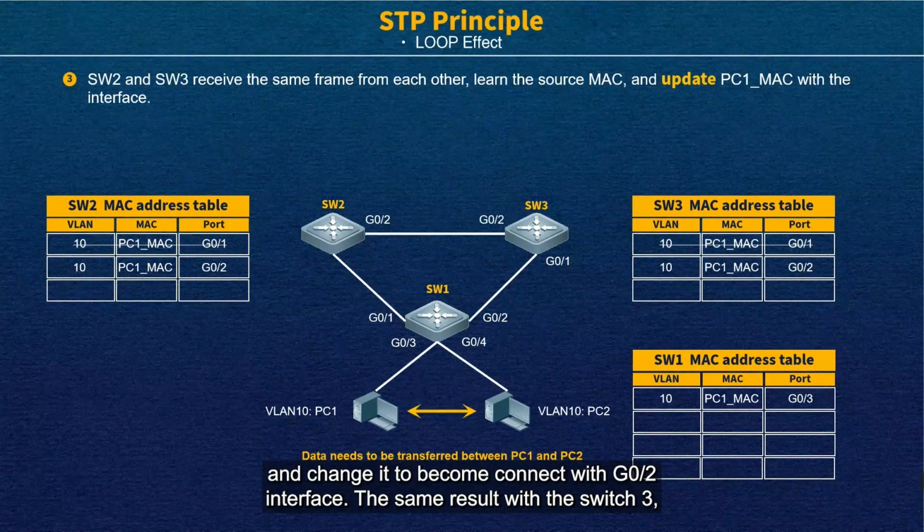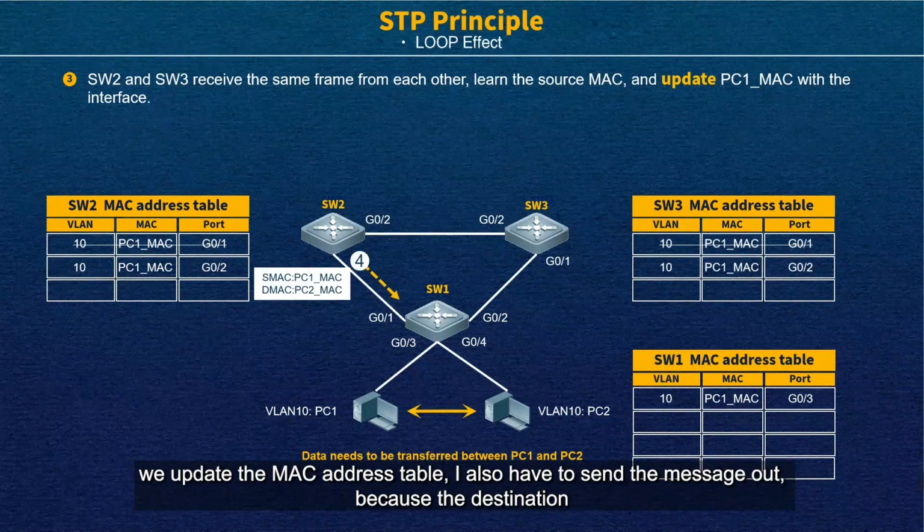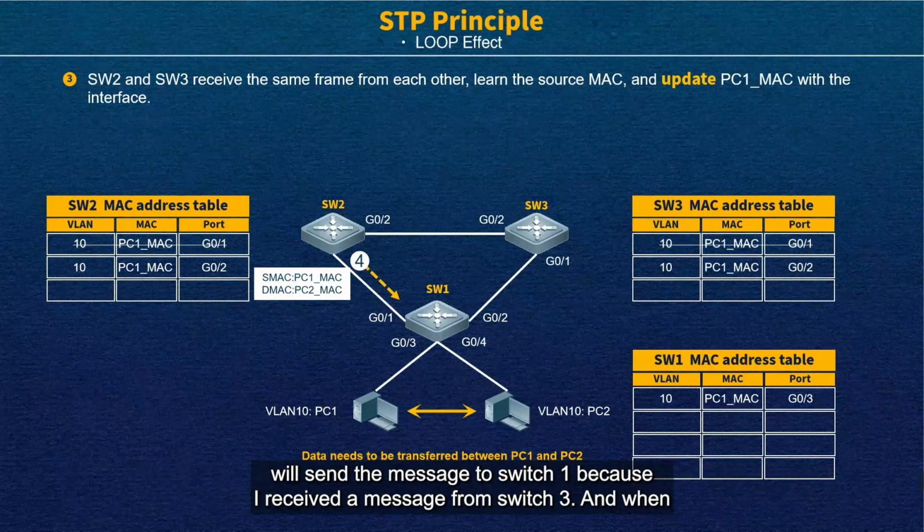The same result with switch 3. I will delete the original MAC address entry and add a new one, right? And then when we update the MAC address table, I also have to send the message out because the destination MAC address is PC2. I cannot find it in my MAC address table. This action should be flood. I will send the message to switch 1 because I received the message from switch 3.